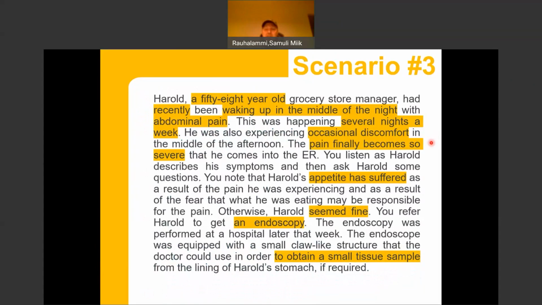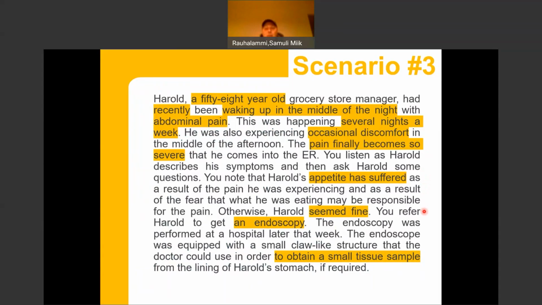The pain becomes so severe that Harold comes and sees us at the ER, and we do our consultation and notice that Harold's appetite has suffered as a result of this pain, and he's really worried that maybe it's what he eats that's causing this. Harold does seem fairly well in other aspects, and we refer Harold to an endoscopy.